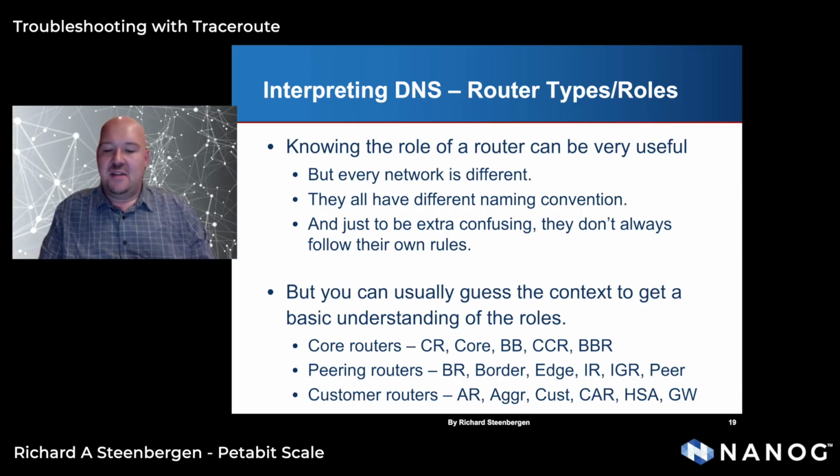For peering routers, you tend to see names like BR, border router, border, edge, interconnection router, or peer. Those are some really common ones. Customer routers tend to have names like aggregation or customer, AR or CAR, customer aggregation router, or HSA, high-speed access, or GW, gateway.